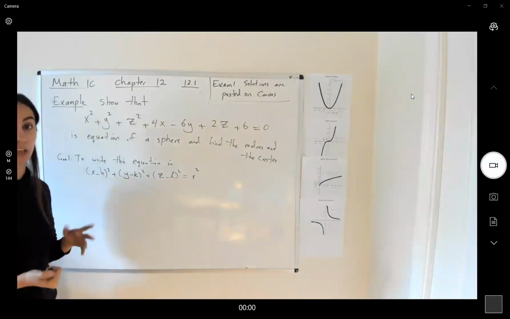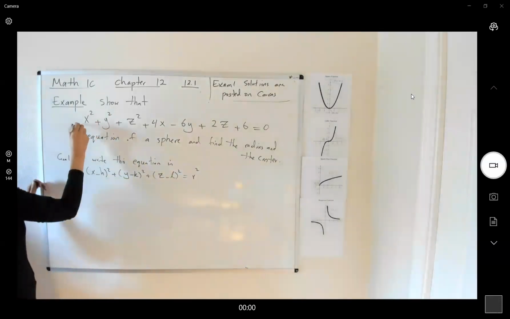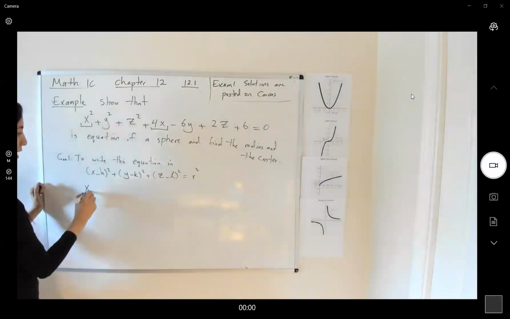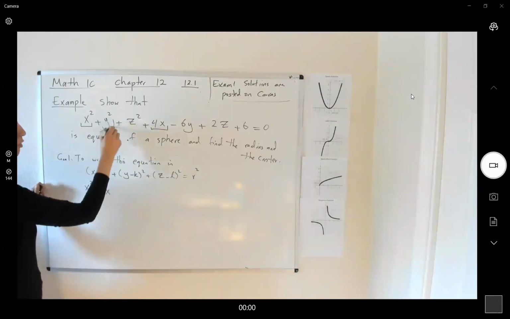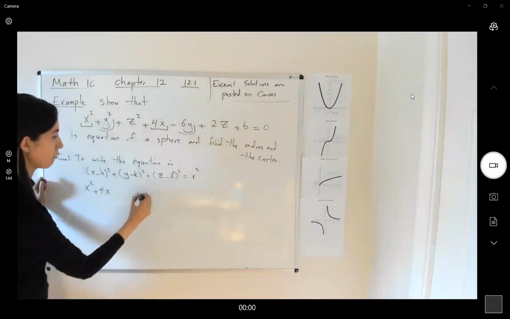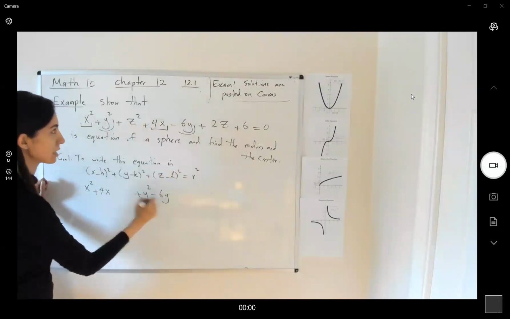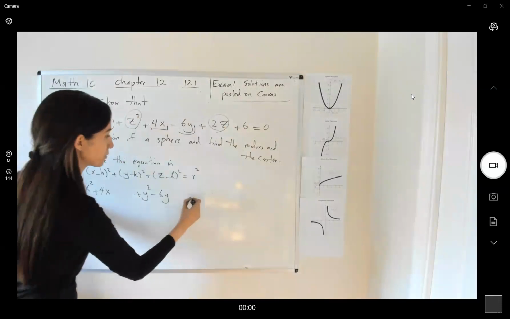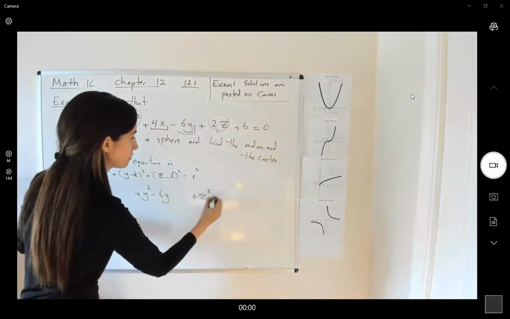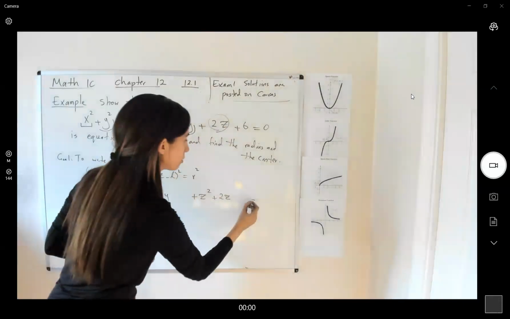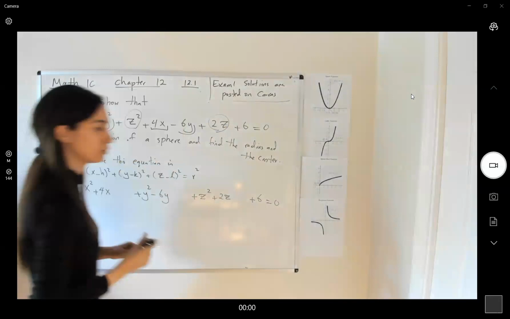Let us start. So what do you have here? You have x squared plus 4x, y squared minus 6y, z squared plus 2z, and finally a constant plus 6 equal to 0.